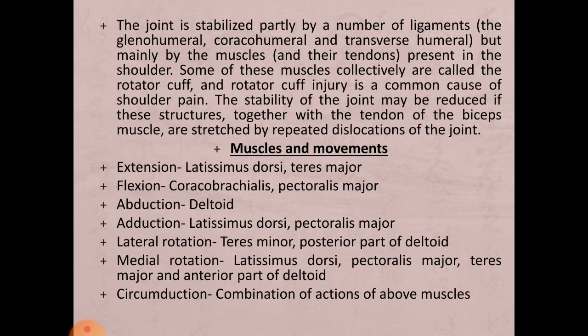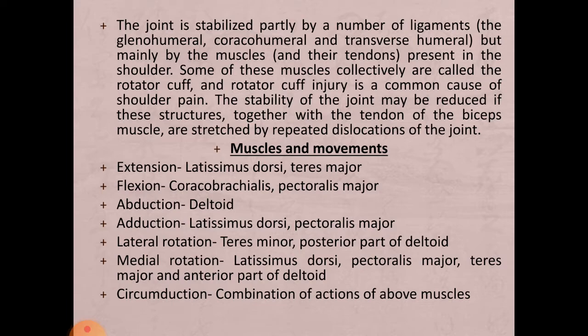The stability of the joint may be reduced if these structures, together with the tendon of the biceps muscle, are stretched by repeated dislocations of the joint. So till now we have talked about the type of the shoulder joint and all the structures associated with its stabilization.